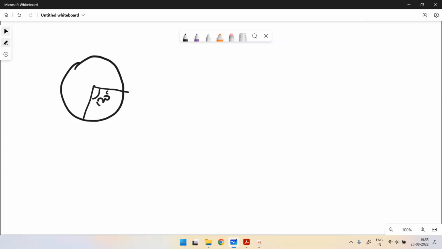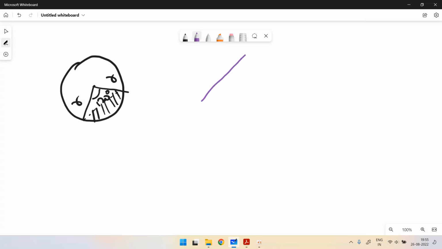The angle is 120 degrees. This is r, this is r, and you need to find the area of this segment. Now see, once again I'm telling you about this.